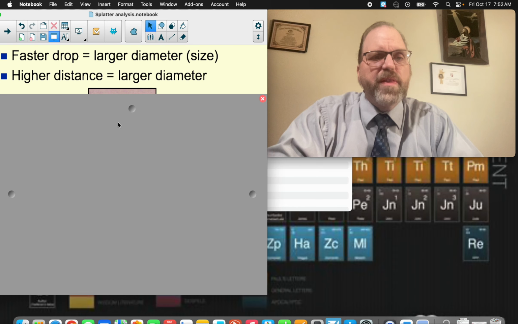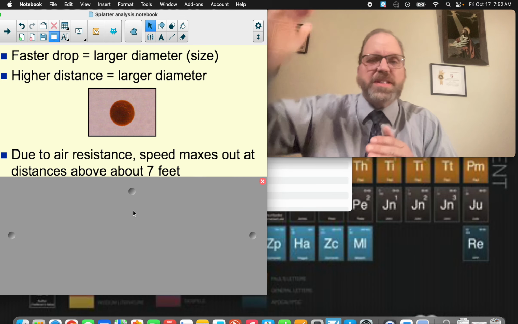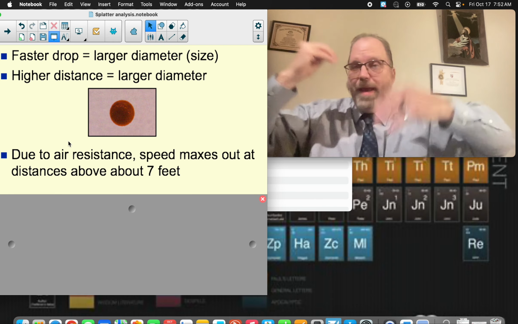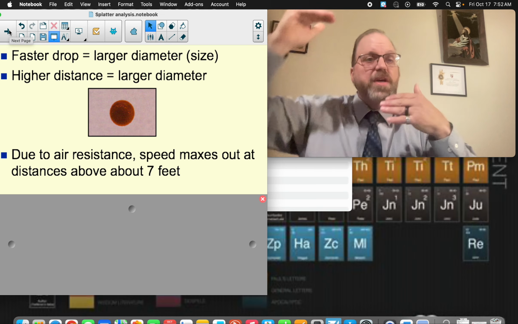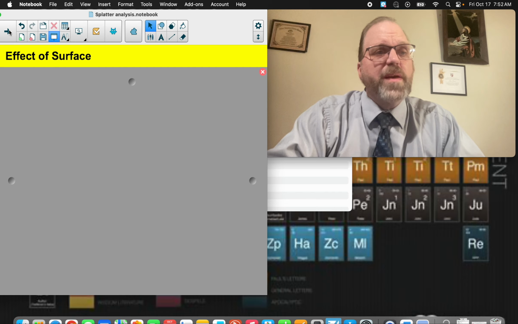Now, this will continue until you reach a maximum of 7 feet. At 7 feet, we hit what's called terminal velocity. It won't increase in speed anymore, and so blood will just hit that same size. So up to 7 feet, that's the maximum speed available.